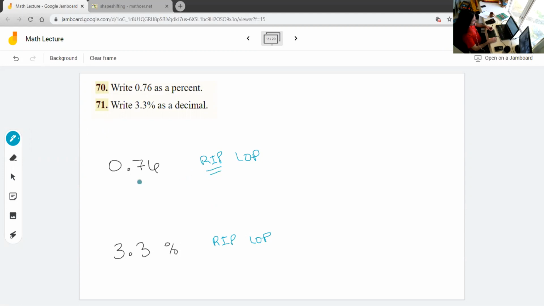So I'll go to the right twice. For the second one, I'm going out of percent format. So I'll go to the left twice. Everyone happy?